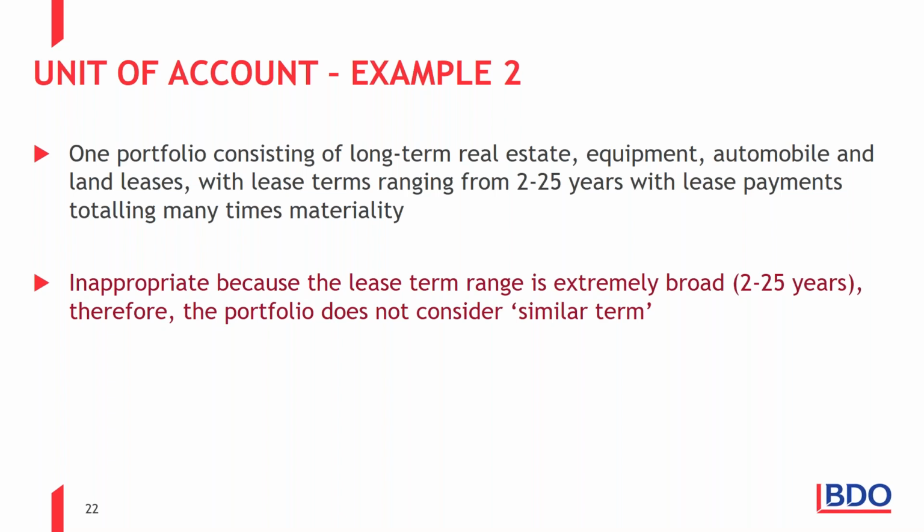First of all, the lease term is just too broad. 2 to 25 is clearly too broad, and it must be said, though it's not on the slide, that the assets are clearly not of similar characteristics, and the asset-specific factors would certainly not allow the portfolio approach application. So I think that's probably a good example of what not to do.